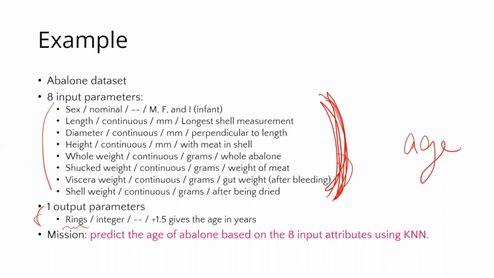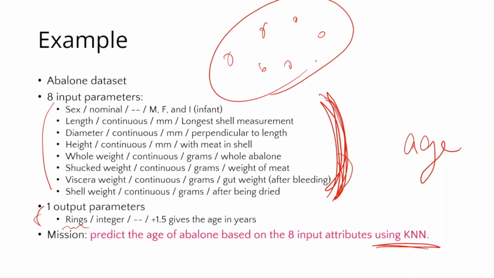And our game plan is to use k-nearest neighbors. So what we're going to do is, let's say you have lots of abalones in the dataset, and I'm representing the feature space. So this is an 8-dimensional space where the abalones are distributed. And then let's say there's a query point over here.